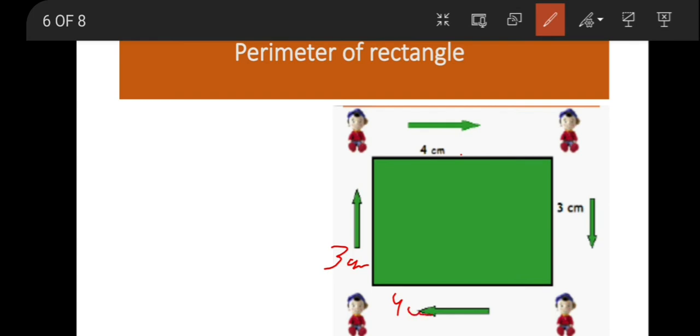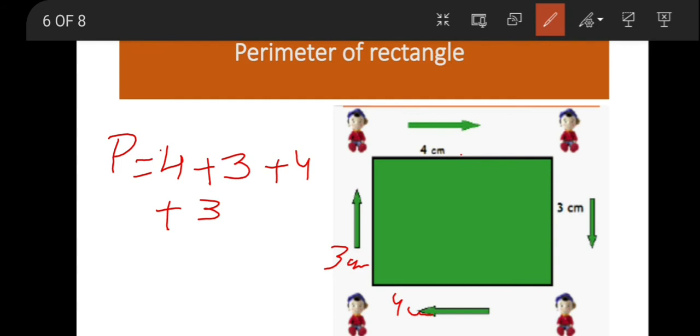So to find the perimeter, we can add all sides, or we can write a formula. First we will add all sides: 4 plus 3 plus 4 plus 3. It equals 4 plus 3, 7, 7 plus 4, 11, plus 3, 14 centimeters.